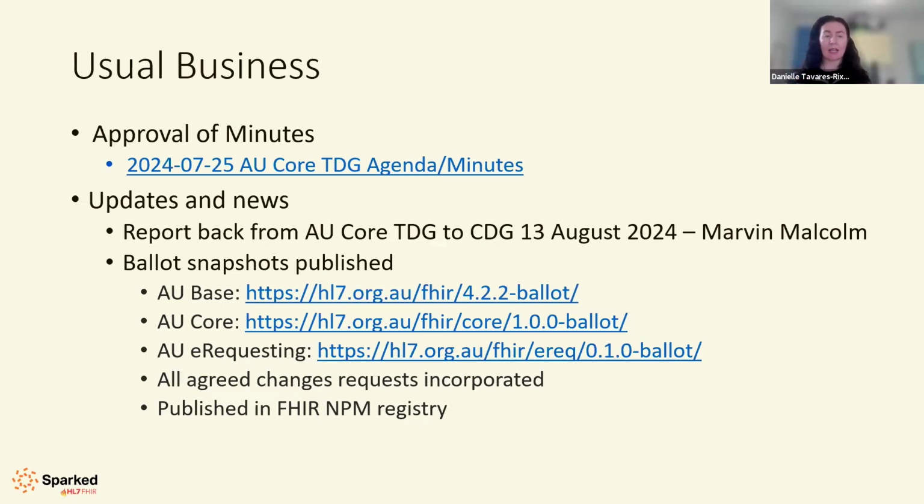And so that's now happening. The next clinical design group meeting is on the 13th of August, and Marvin, who is another AU Core co-chair, will be doing a 10-15 minute report back to the clinical design group on behalf of the AU Core TDG on where are we essentially in R1? What have we achieved? What's the relationship between AU Core and AU CDI?